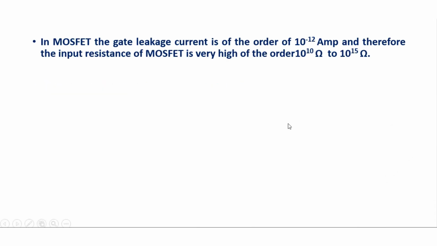In MOSFET, the gate leakage current is of the order of 10 raised to power minus 12 ampere, and therefore the input resistance of MOSFET is very high, of the order of 10 raised to power 10 ohm to 10 raised to power 15 ohm. This is also one of the important features of this MOSFET. The drain resistance of MOSFET is less than that of the junction field effect transistor.